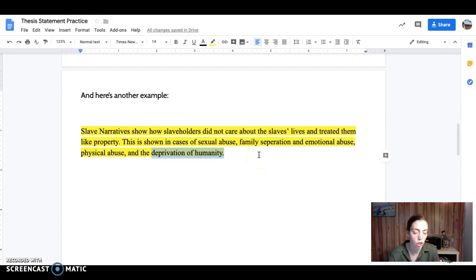She would have her introduction, then the first body paragraph would talk about cases of sexual abuse. The second body paragraph would talk about family separation and emotional abuse. Physical abuse would be the third body paragraph, and the fourth body paragraph would be deprivation of humanity, and then the student would finish off with a strong conclusion.